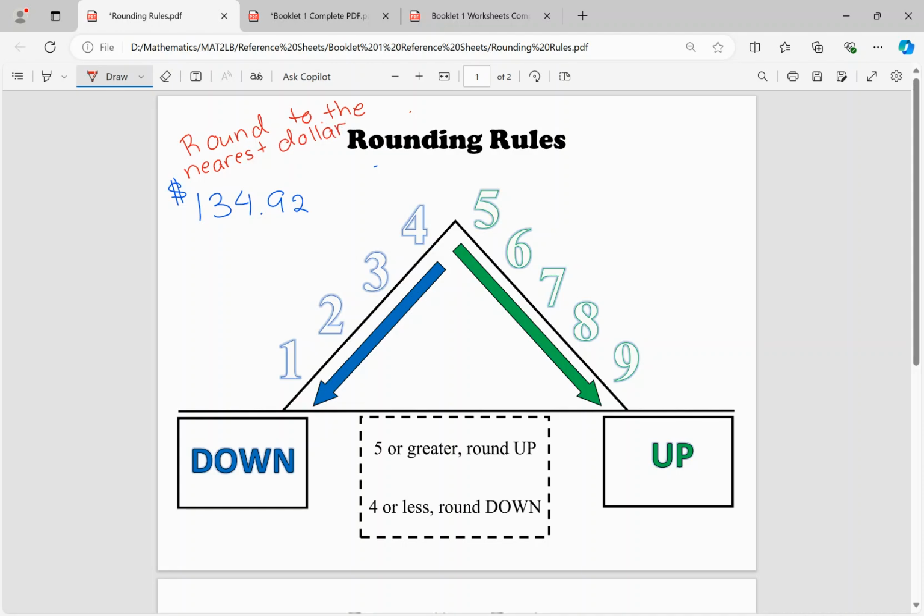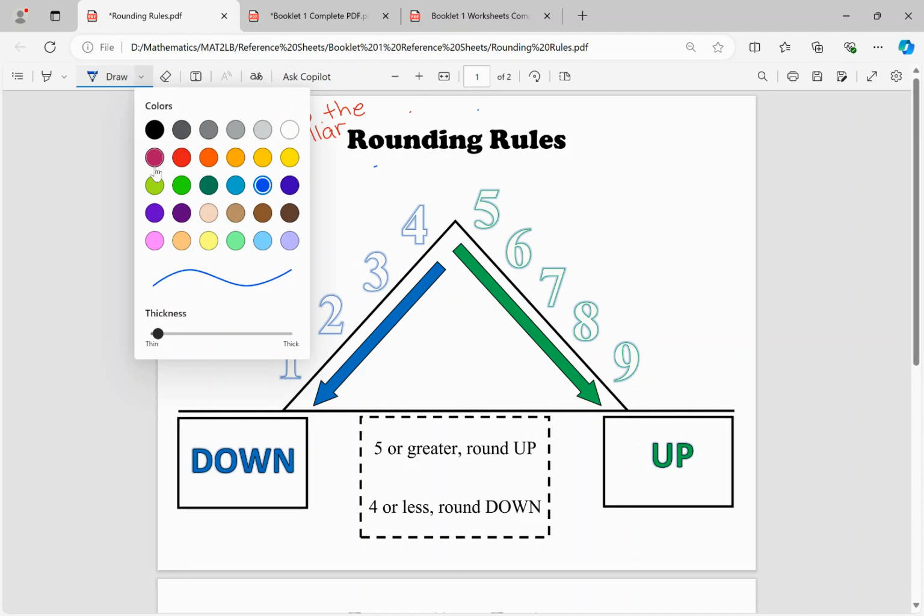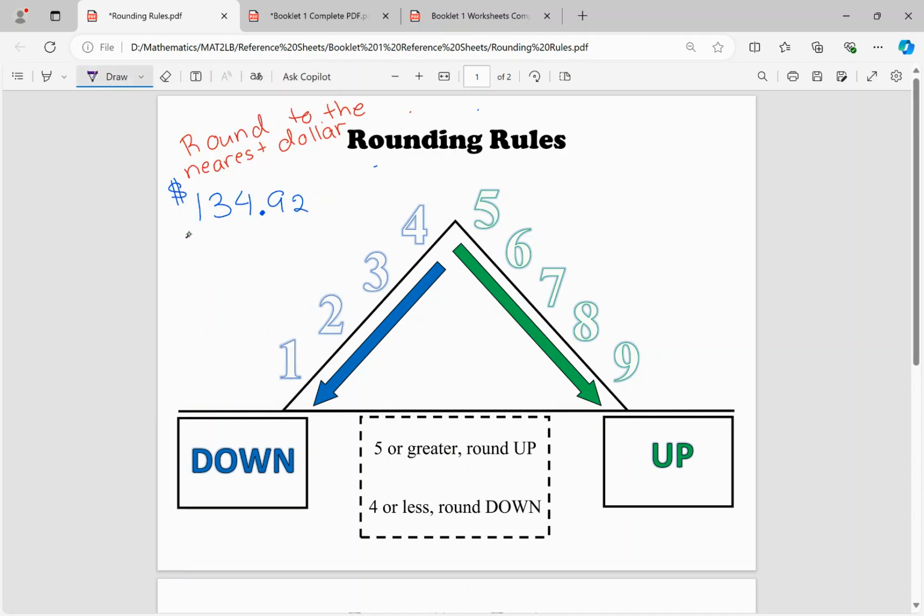Now, when I tell you to round to the nearest dollar, the first thing that you need to think of is, when I'm talking about money, what are my dollars and what are my cents? So the dollars are all of your numbers to the left of the decimal. Your cents is everything to the right of the decimal. I've underlined that in red. So our cents are 92 and our dollars are 134.